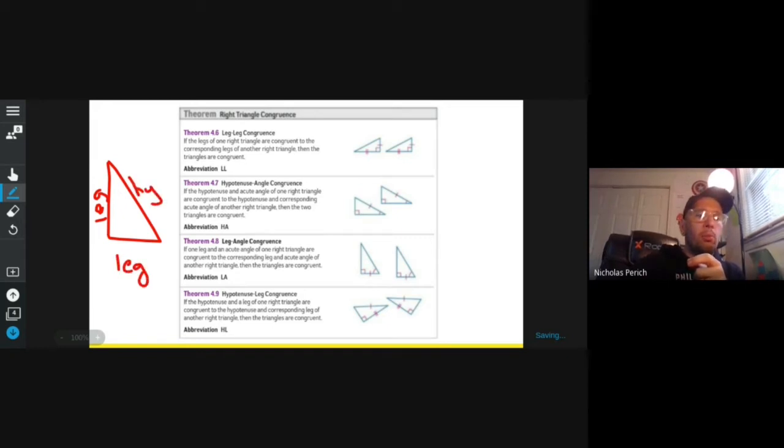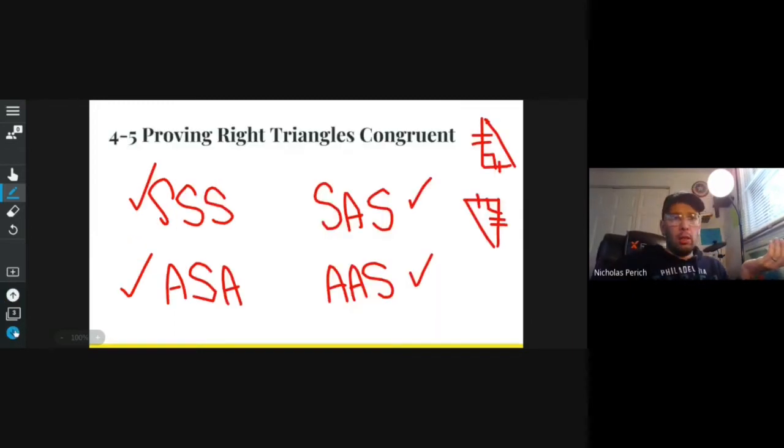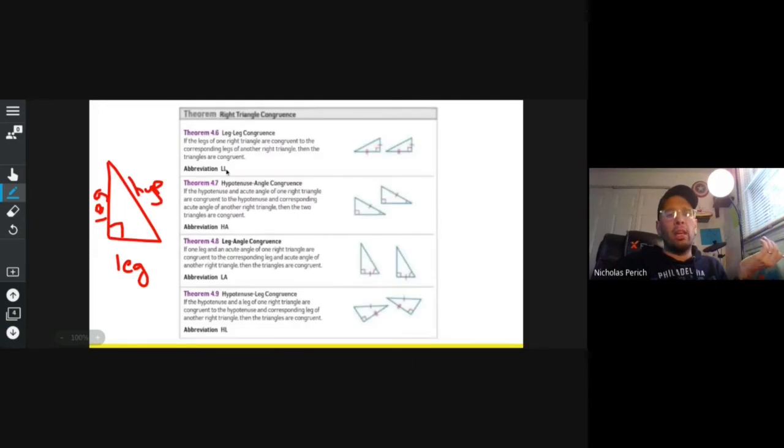I'll just abbreviate that as hype, which is slang for getting excited. So in the previous problem, this is a right triangle. I notice that leg is the same as that leg, and that leg is the same as that leg, I could be done and say they are congruent due to leg congruence. Or I could just say LL, like the rapper LL Cool J, or the clothing company LL Bean.